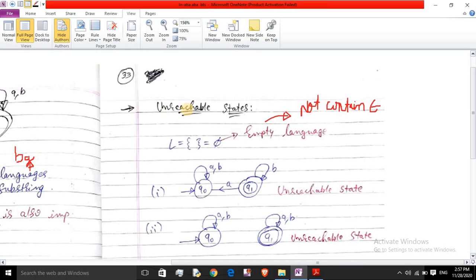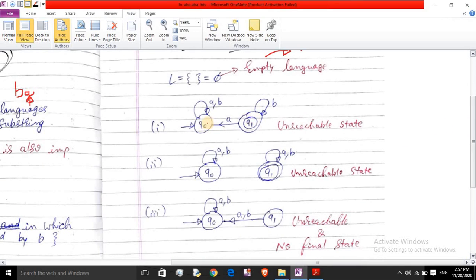Now look at the first example here. This is our initial state. This point shows we are starting from here. This is our start state. As we are starting from here, it contains an epsilon transition also. If we get any number of A's and B's, we will remain in the same state.